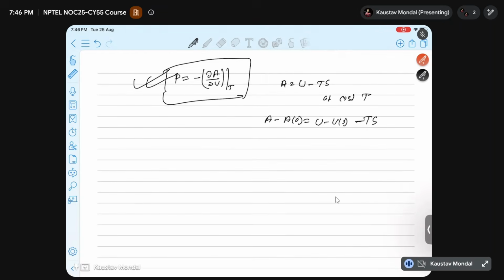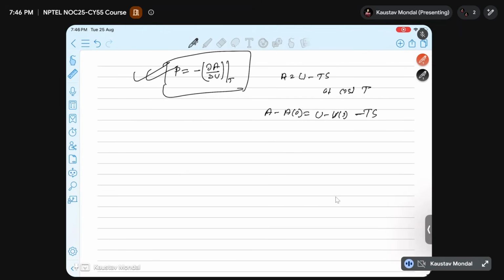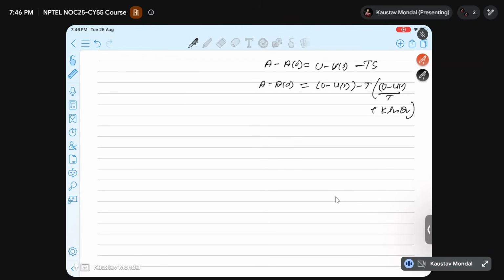Temperature remains constant. TS we know, the S expression we know: U minus U0 by T plus k ln Q. Now from here you can write A minus A0 as minus kT ln Q.